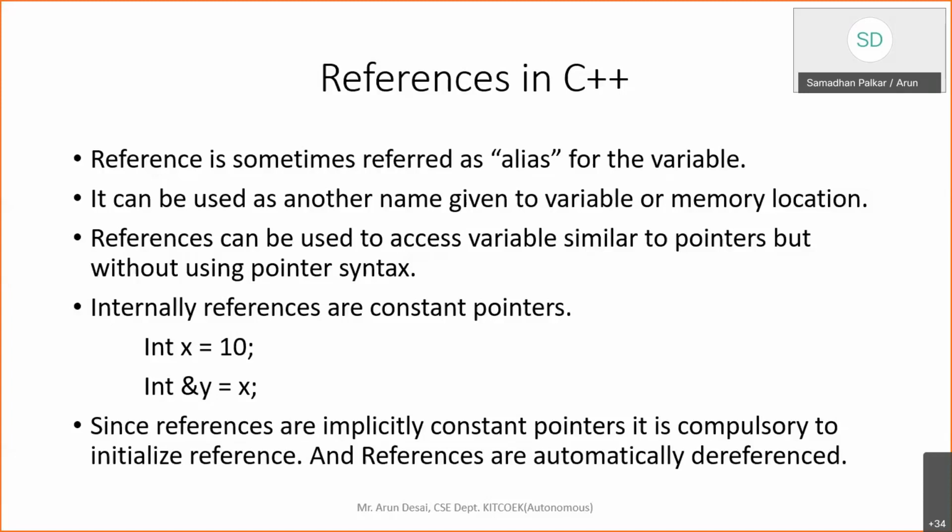One more important thing about dereferencing is you need to dereference a pointer by using star, or the value at address operator, right? But in case of references, those are automatically dereferenced. That means you can access the value of a reference directly, just like a normal variable.